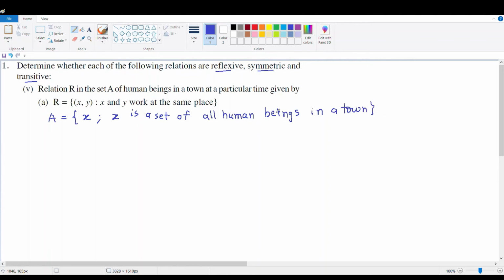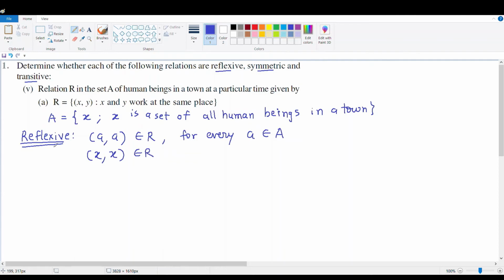Okay, now let's check for reflexive. To be a reflexive relation, we know that a, a must belong to R for every a belongs to A. Now, if x is in A, and the condition is that x and y work at the same place, then x, x must belong to R if it is a reflexive relation.